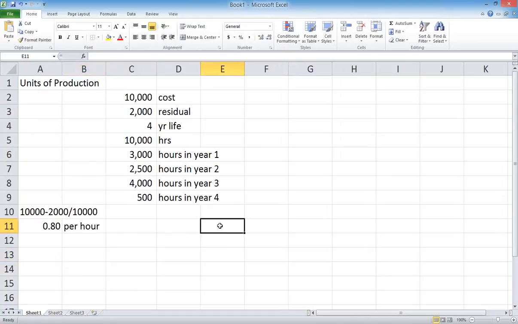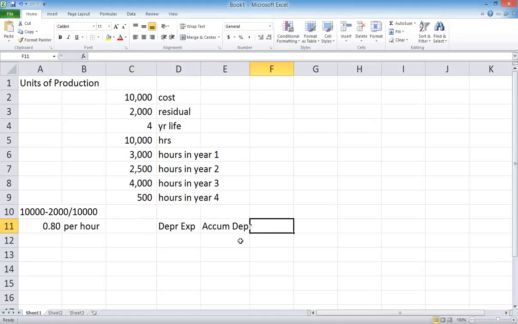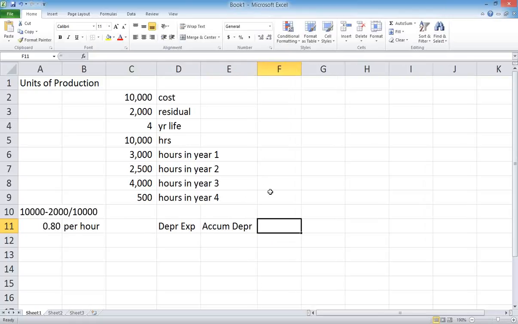So my depreciation expense, accumulated depreciation, and carrying value or book value. I can do those numbers all relatively easily here.